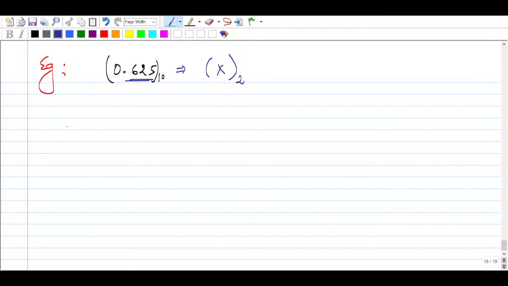If the fractional part is given, you have to multiply the fractional part with the required base. Let's do successive multiplications. 0.625 into 2, you will get here 1.250. You have to collect the integer part from top to bottom. Now again multiply the fractional part, that is 0.250 into 2.